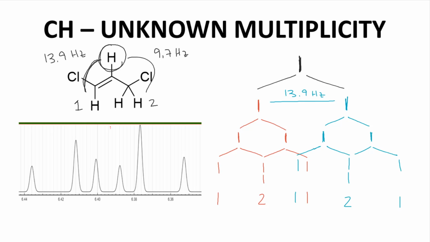Instead, the way to refer to this is a doublet of triplets. I use the different colors to highlight the fact that we have a doublet of triplets. Let's color our spectrum to better highlight this doublet of triplets.